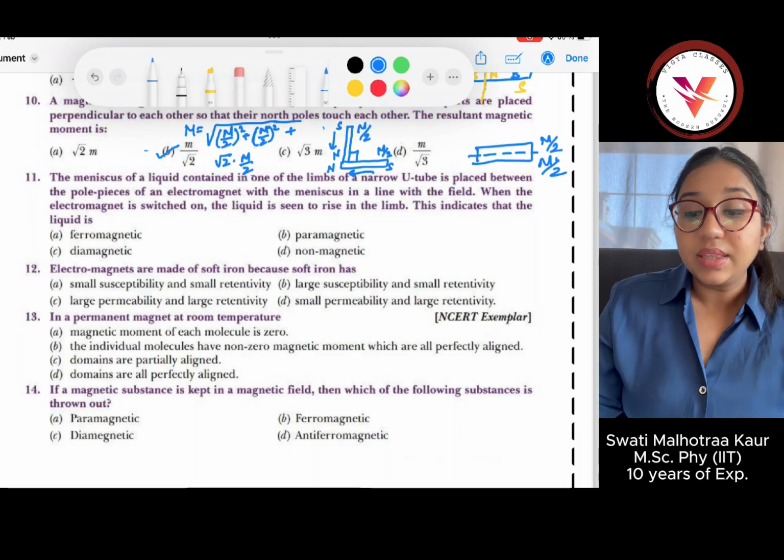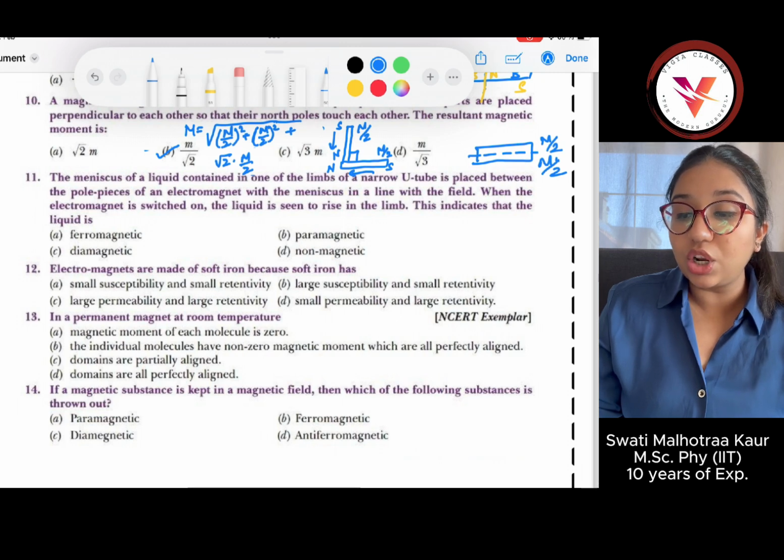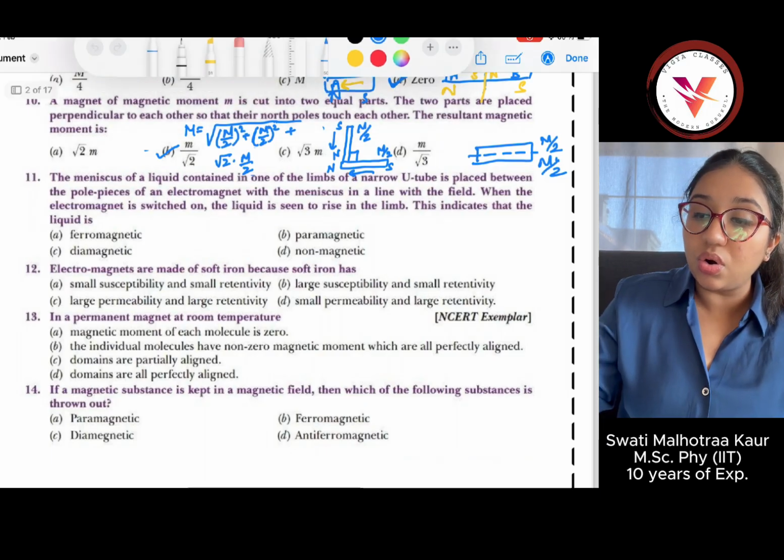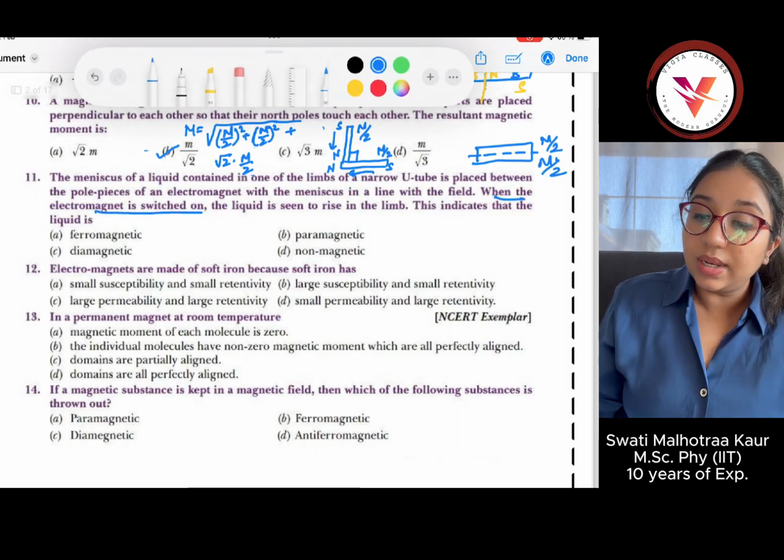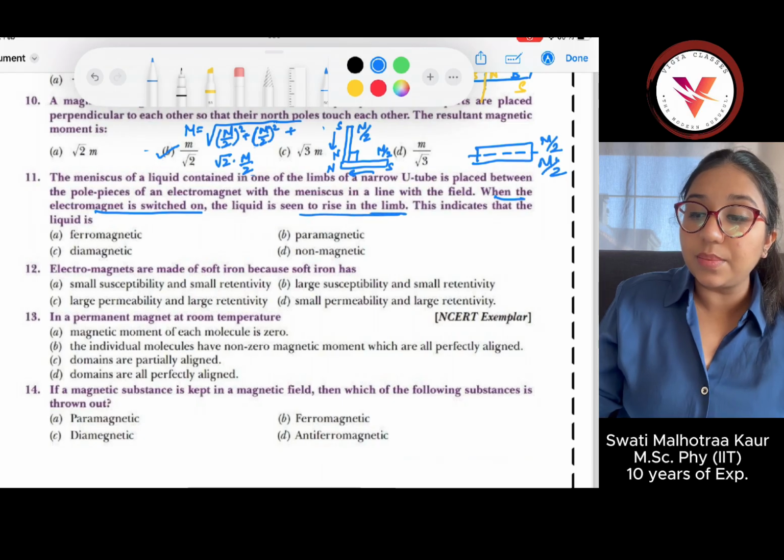Okay, the next is: the meniscus of a liquid contained in one of the limbs of a narrow U-tube is placed between the pole pieces of an electromagnet with the meniscus in a line with the field. When the electromagnet is switched on, the liquid is seen to rise in the limb.